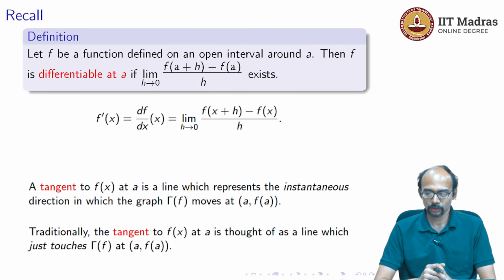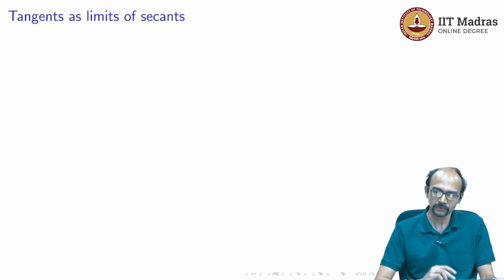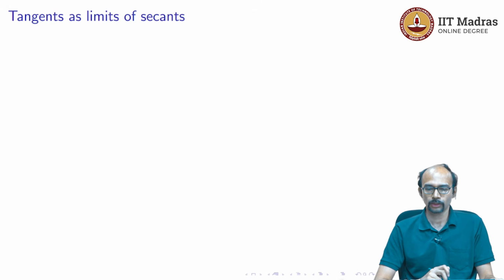In the tangent we want to talk about instantaneous direction, and the derivative is talking about instantaneous speed. Not so surprising, they have a connection with each other. So, let us try to exploit this notion of a tangent as just touching. We will express tangents as limits of secants.